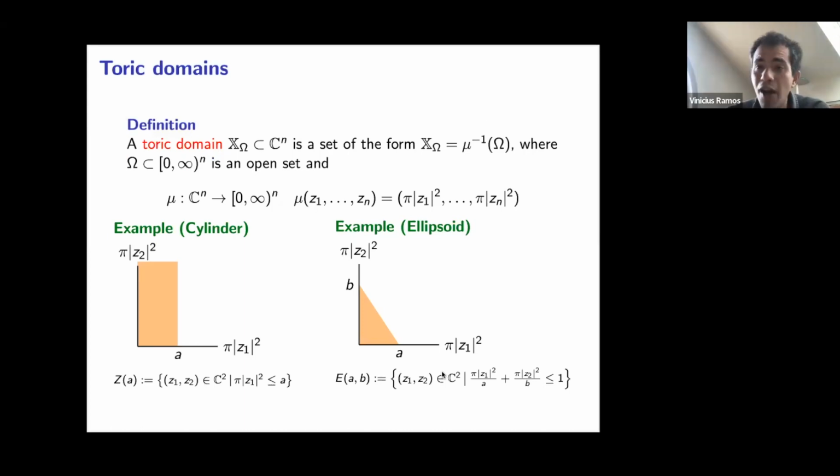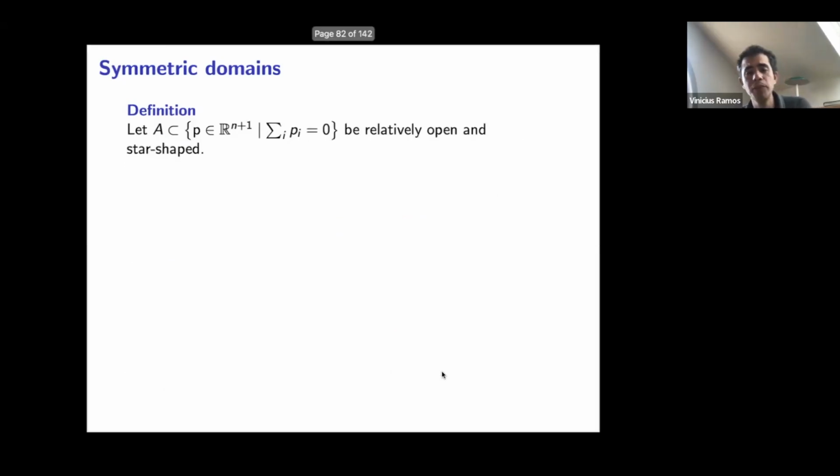We can actually prove a lot more than what I just stated for the rhombic dodecahedron. So now we're going to define the kinds of domains that we can look at. We're going to look at domains in this hyperplane where the sum of the coordinates is 0, which are relatively open, so they're open as subsets of this hyperplane, and star-shaped.